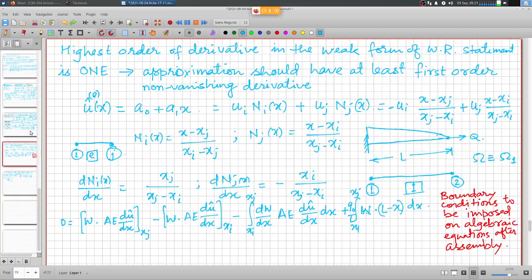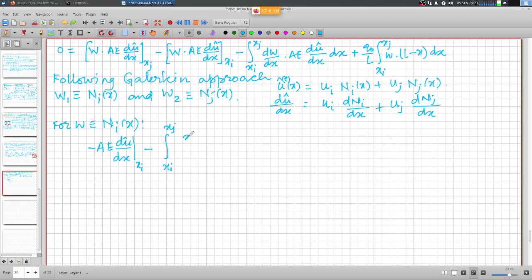So what is the derivative? dNi by dx is minus 1 divided by xj minus xi.